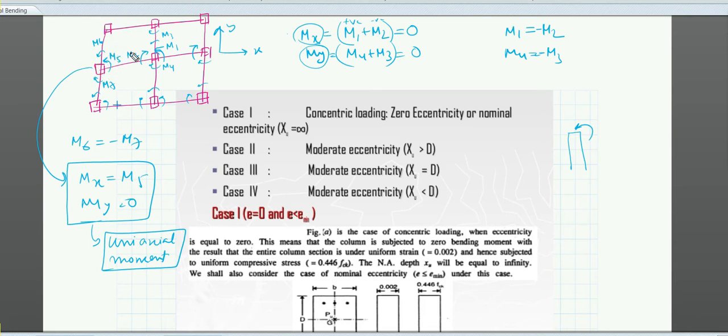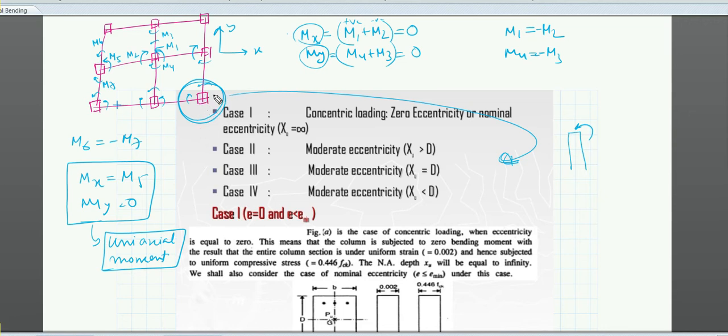But suppose I consider some other column, this corner column. You see this column is having moment in both the directions, in the x direction and y direction, and this cannot be neutralized by other moments, because there is no member on this side or this side.